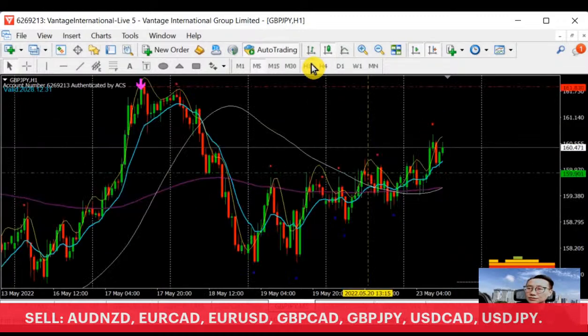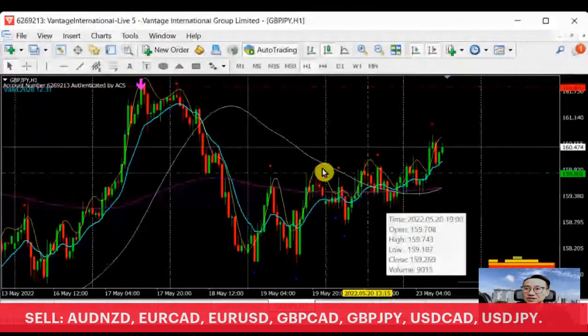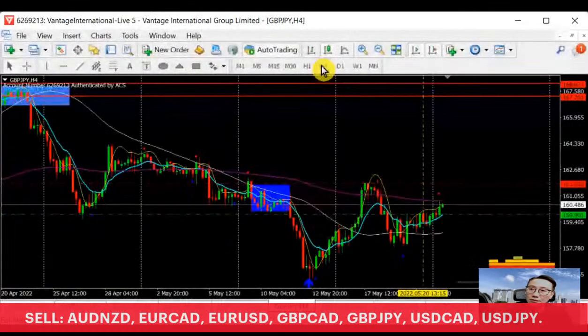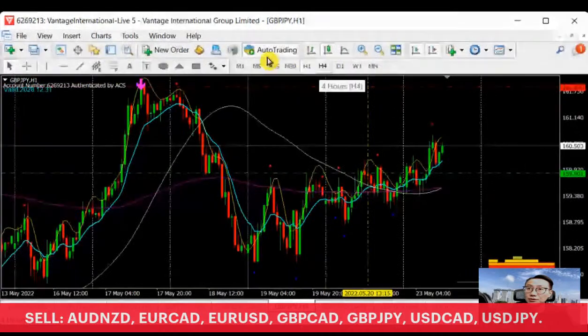By looking at this right now, like I said, this is actually respecting the support right now. So we are actually in the retracement. With this swing, 159,941 is possible.